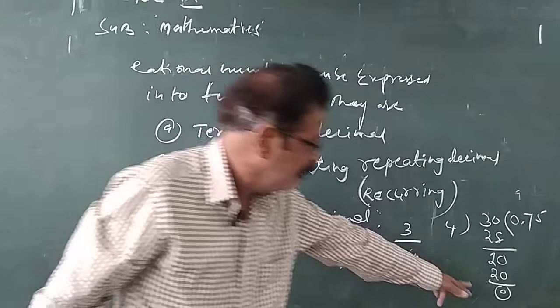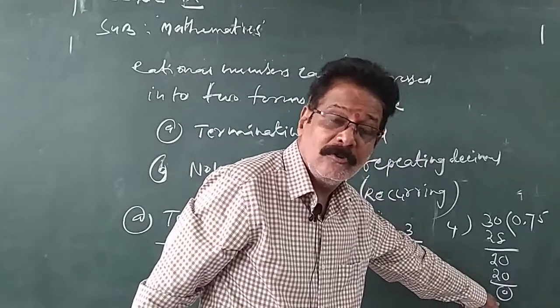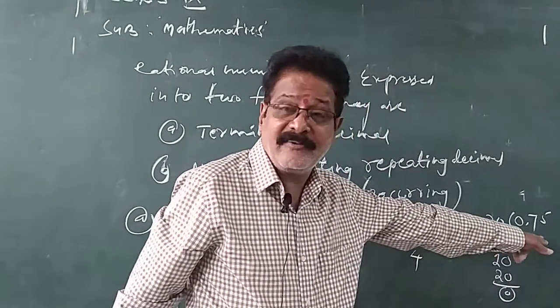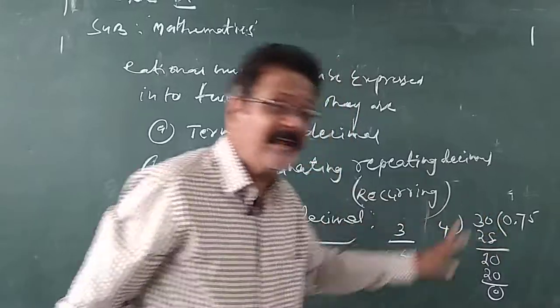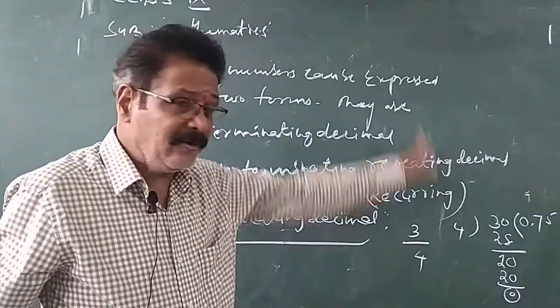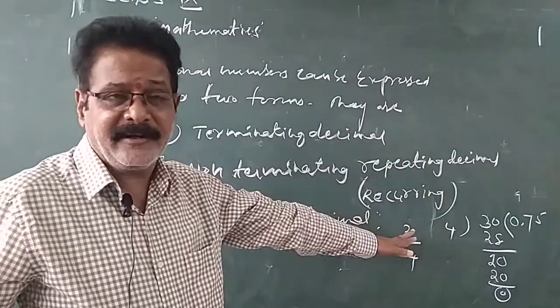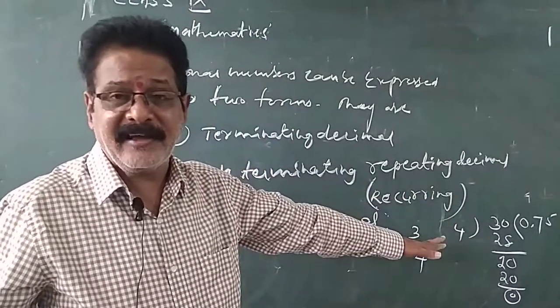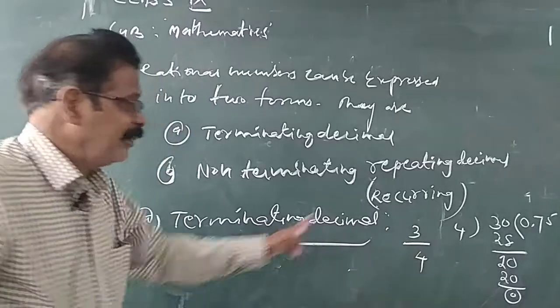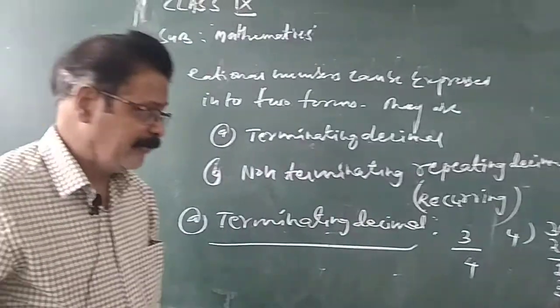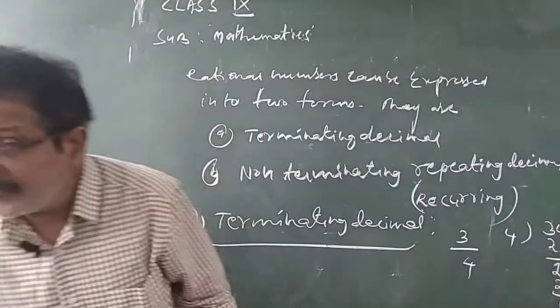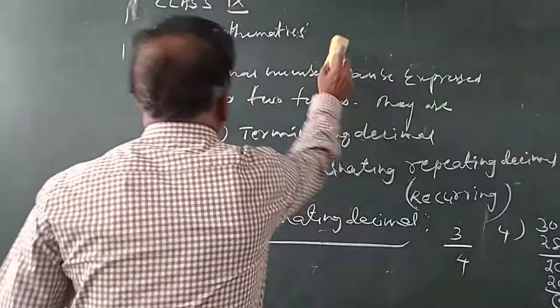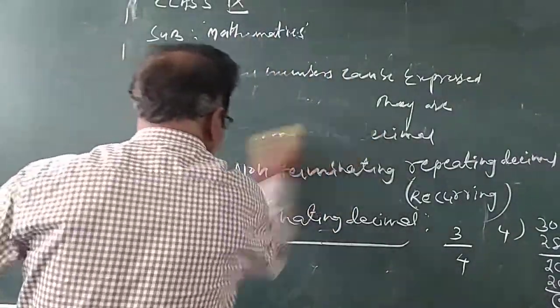So what is the quotient here? 0.75. This is called a terminating decimal. Now let us discuss non-terminating repeating decimal.